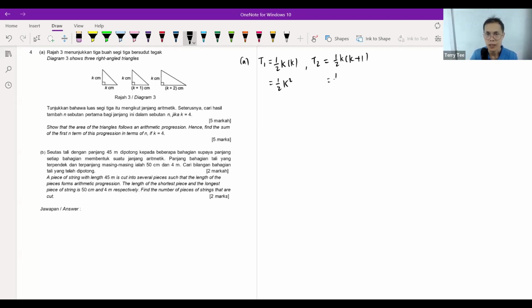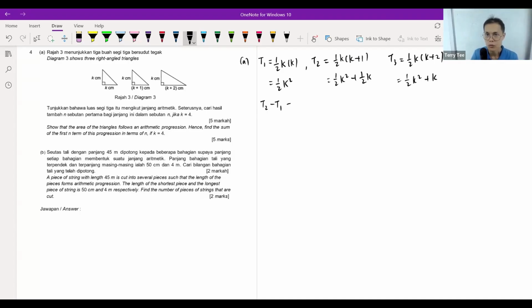So this will be half k squared plus half k. Then your third triangle will be half times k and k plus 2. Again, expand it, you get half k squared plus half k times 2. The answer is just k. Now remember, to show that it is arithmetic, we need to show that they have the same common difference.